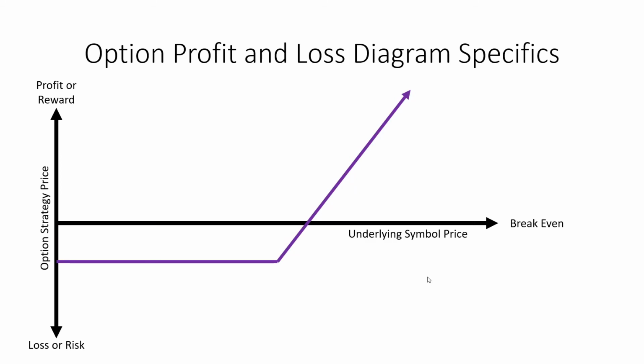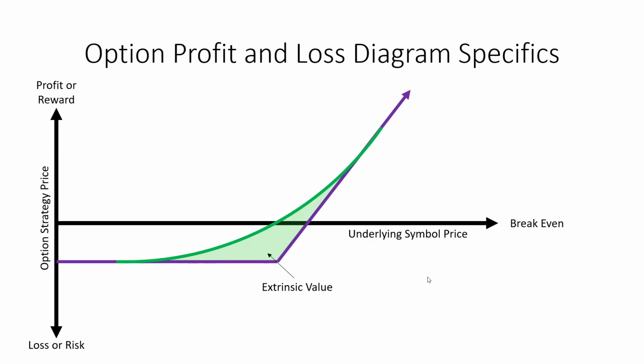Then a better option profit and loss diagram also includes the extrinsic value, the premium value, the value component that includes changes in implied volatility. In fact, as you change the implied volatility up or down, the extrinsic value curve may change. And it also will show you how an option strategy's price decays with time.